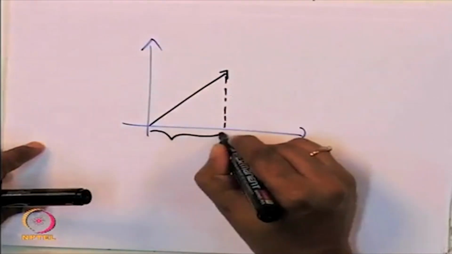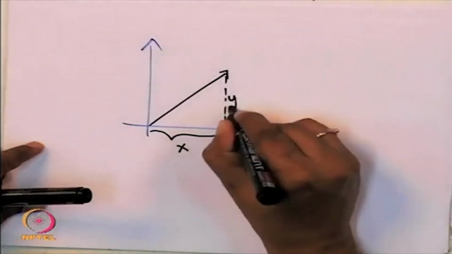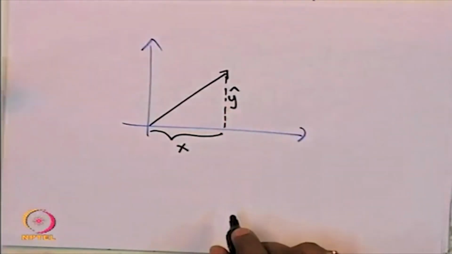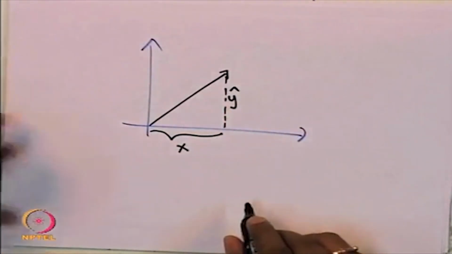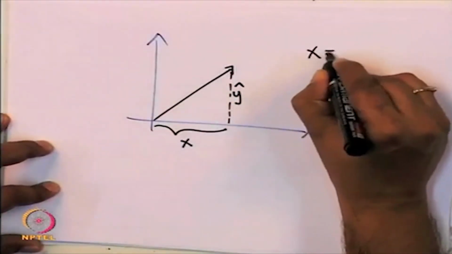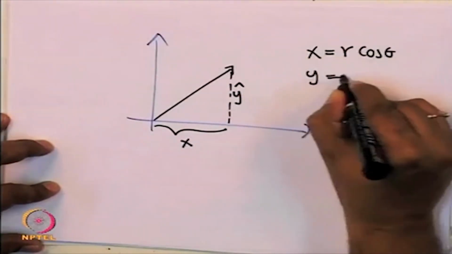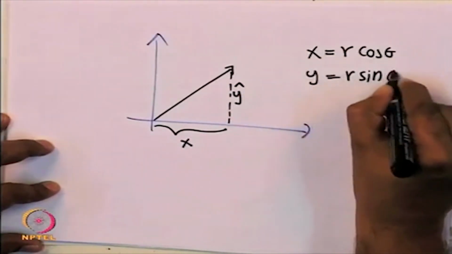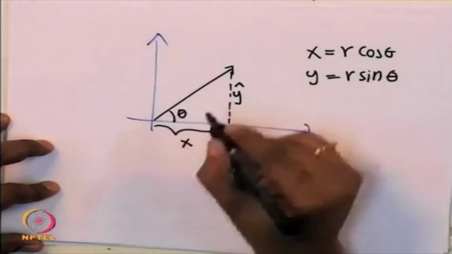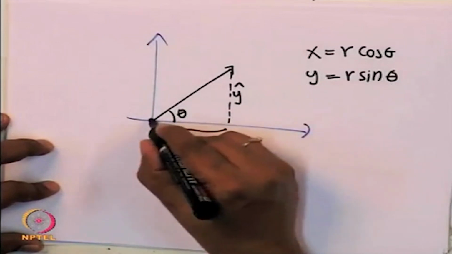This is the x component and this is the y component. We already learned that this can be represented as x is equal to r cos theta and y is equal to r sin theta, where this is the angle theta.